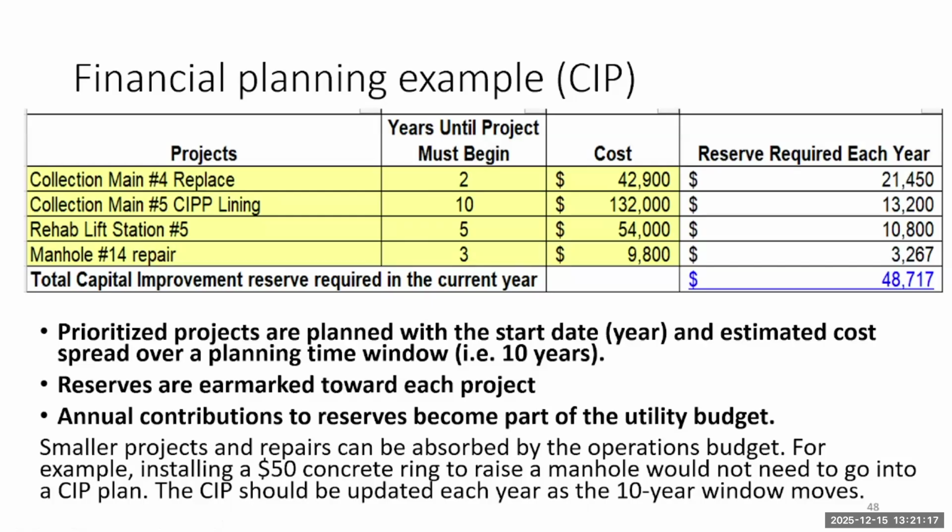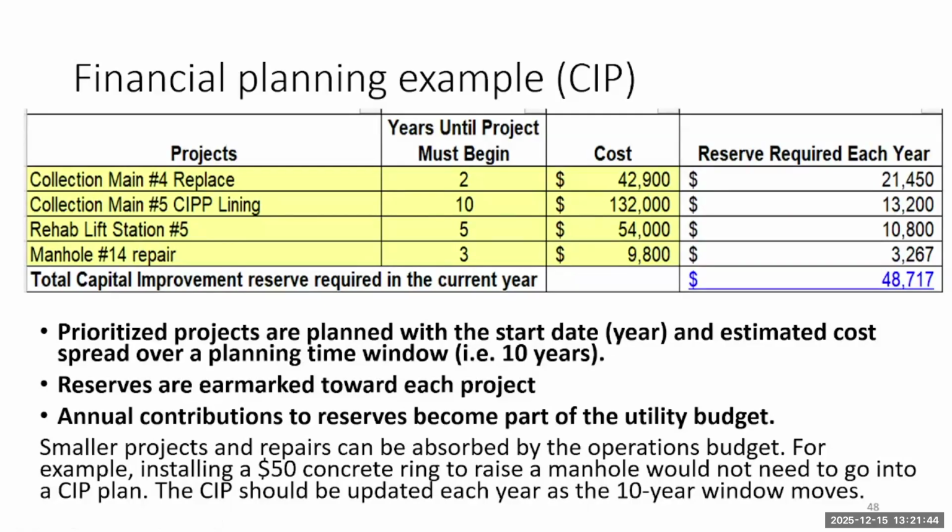Reserves are earmarked toward each project. Annual contributions to reserves become part of the utility budget. So we have to make sure that we put that stuff in our budget. Smaller projects and repairs can be absorbed by the operations budget. Quite often there's a minimum dollar threshold that we consider for these. If it's less than that, then we put that into our operations budget.